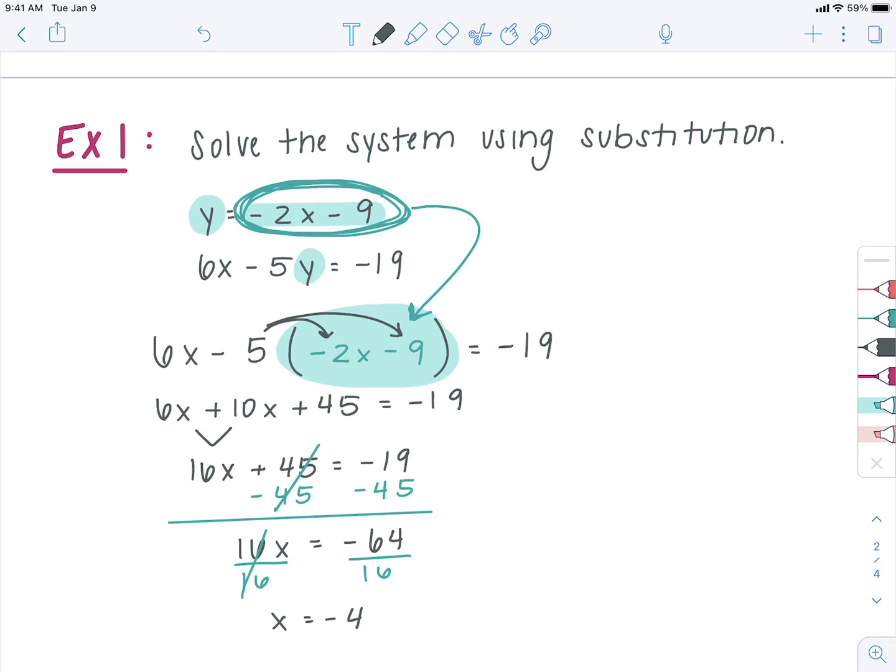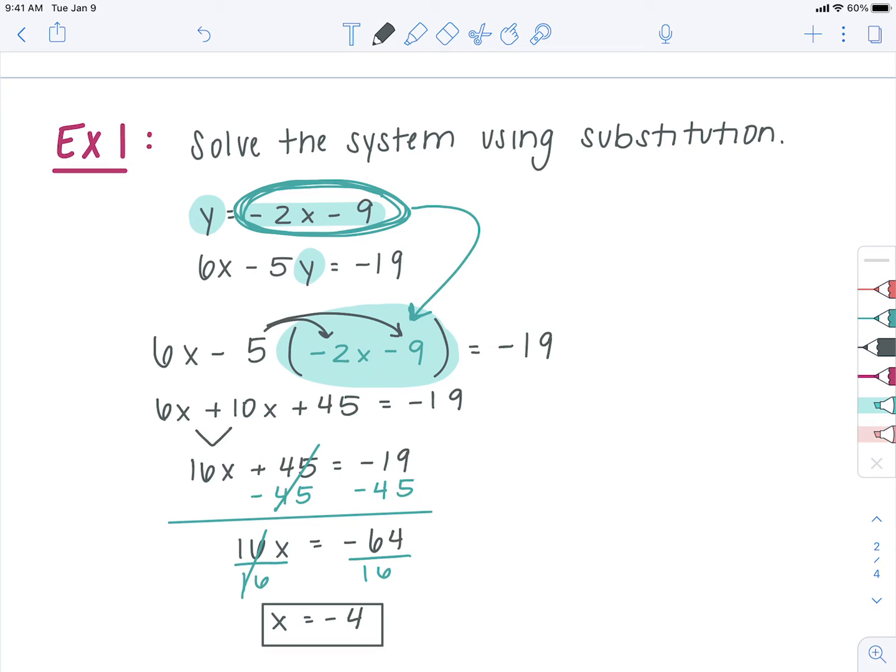And now, when we were just solving equations, normally this would have meant we were done because we had our answer. But when we're finding solutions for systems of equations, we need an x and we need a y. So once I get my x, my last step is I'm going to take my x and plug it back into my original equation and solve for y.